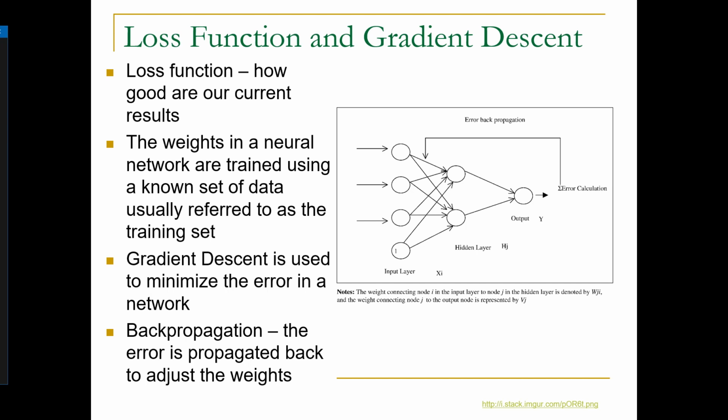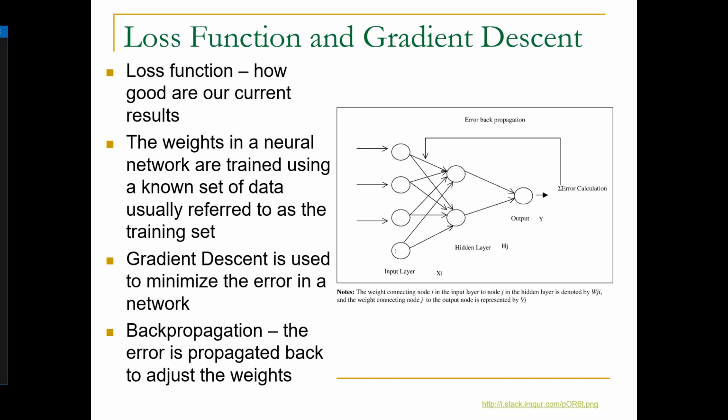The way we do that is a technique called gradient descent. If we take the gradient of the loss function, we're going to descend towards the minima of that loss function, and that's the place where the error is the least. For that reason, we need a function that is continuous and differentiable.